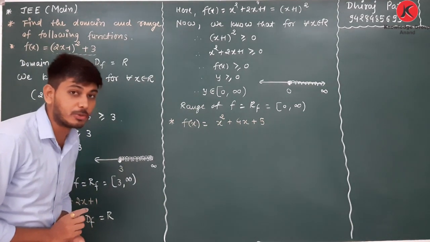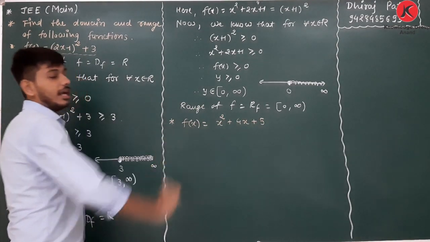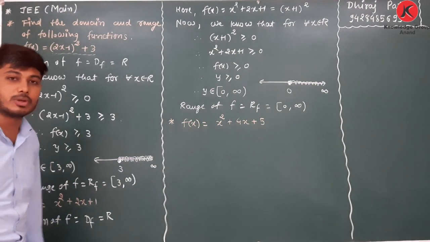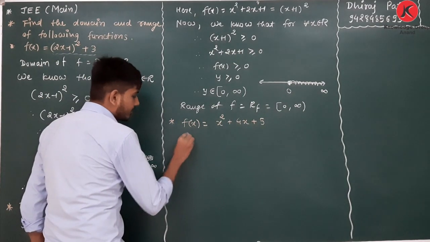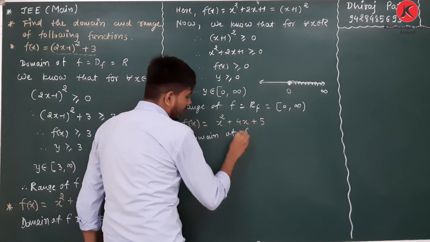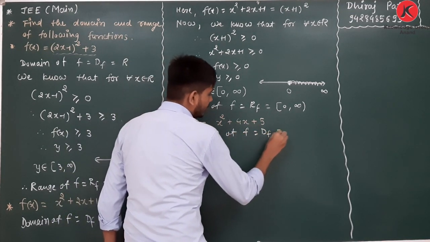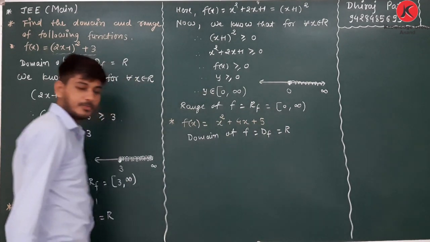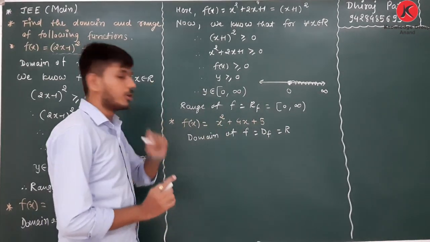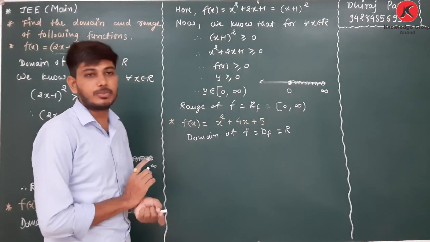For obtaining the domain of this function, we know that the domain of any quadratic polynomial or any polynomial function is R. The domain of f, D of f, which is equals to R here. Okay. Now we want the range of this function, quadratic polynomial.